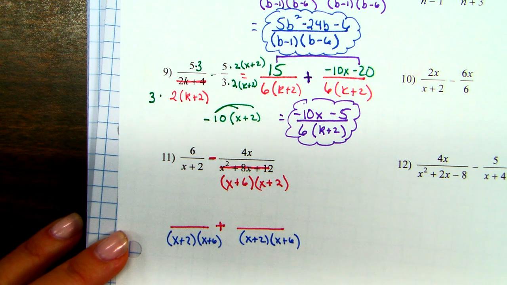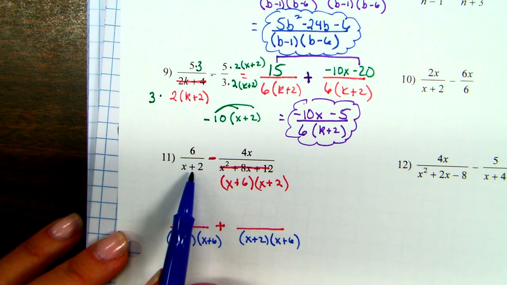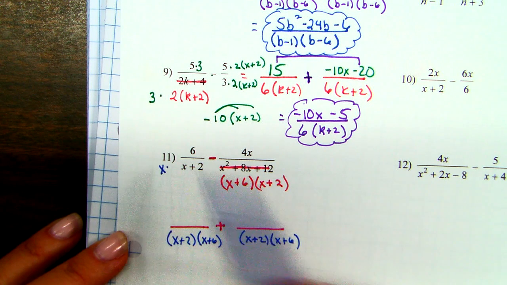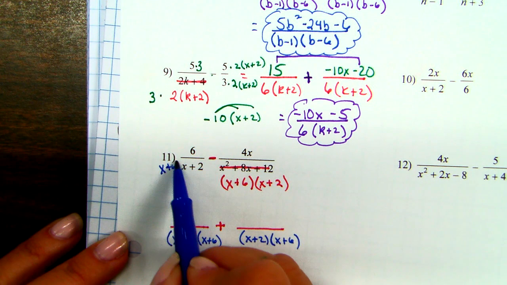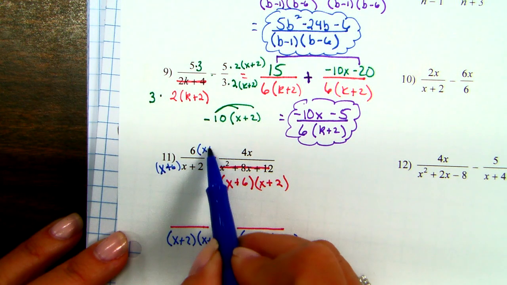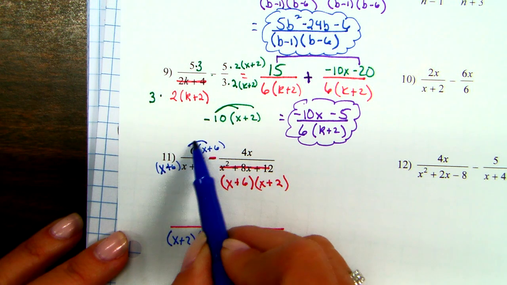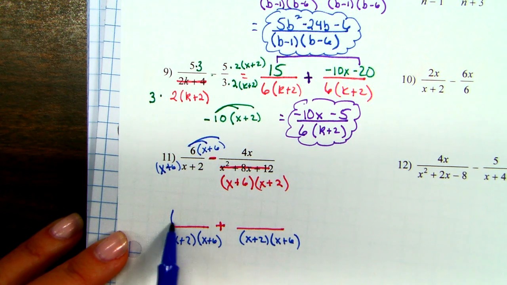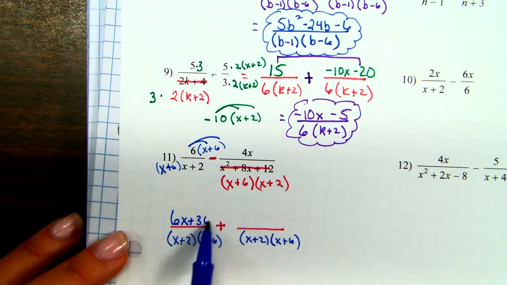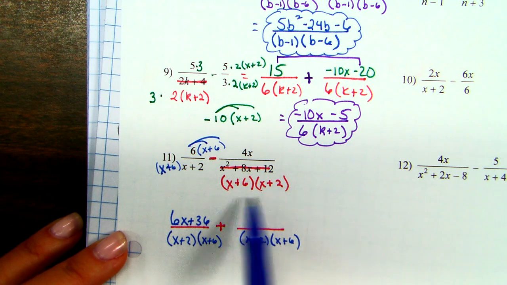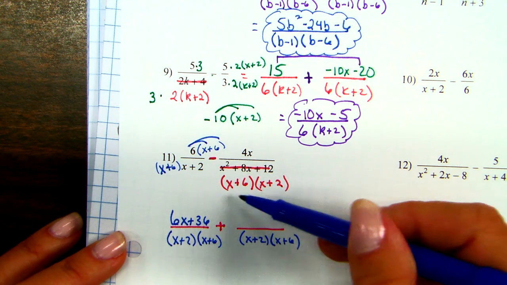So all I'm going to do to my denominator in my first fraction is multiply it by x plus 6. And there's nothing I need to do to this denominator. This denominator is perfect.